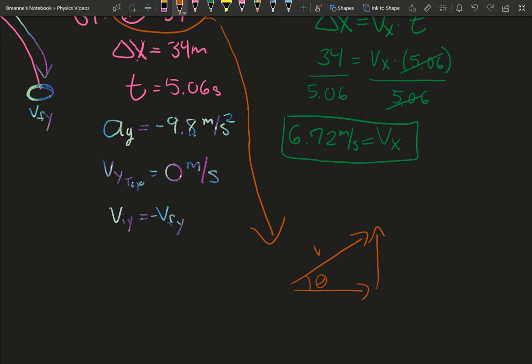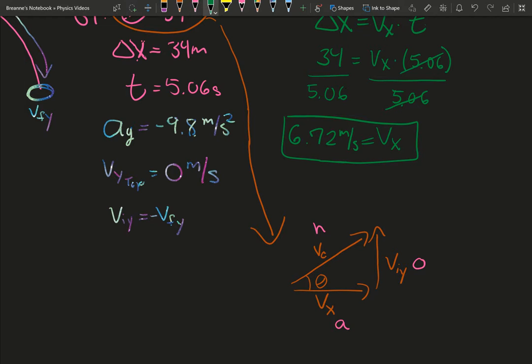Now, if we're thinking just physics, this is going to be your initial velocity. This is going to be your velocity in the x, and this is going to be your initial velocity in the y. Another way of looking at it is this is your hypotenuse. If this is your angle, this is your opposite, and this is your adjacent.